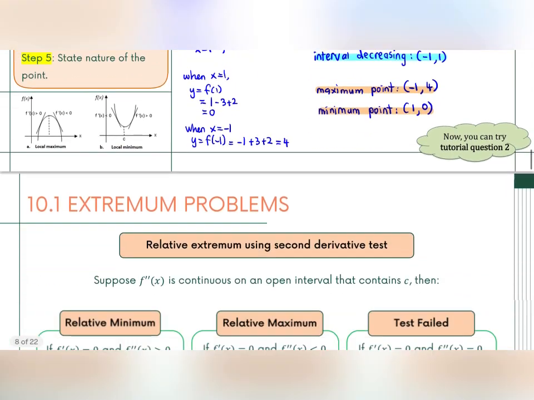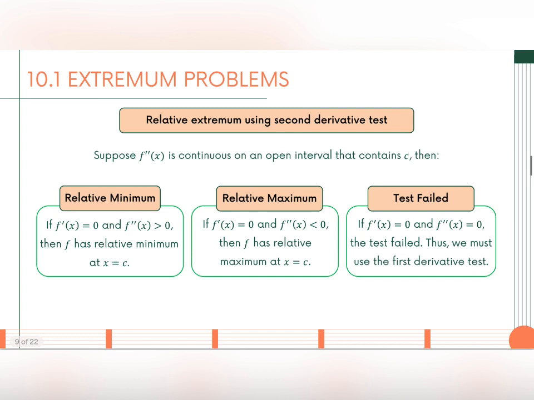Okay, now, kita tengok second derivative test tu macam mana. So, second derivative test, kita cari f prime x. And this f prime x is supposed to be continuous on an open interval that contains c. Okay, so, menggunakan second derivative test, so kita akan dapat minimum apabila second derivative kita greater than 0.